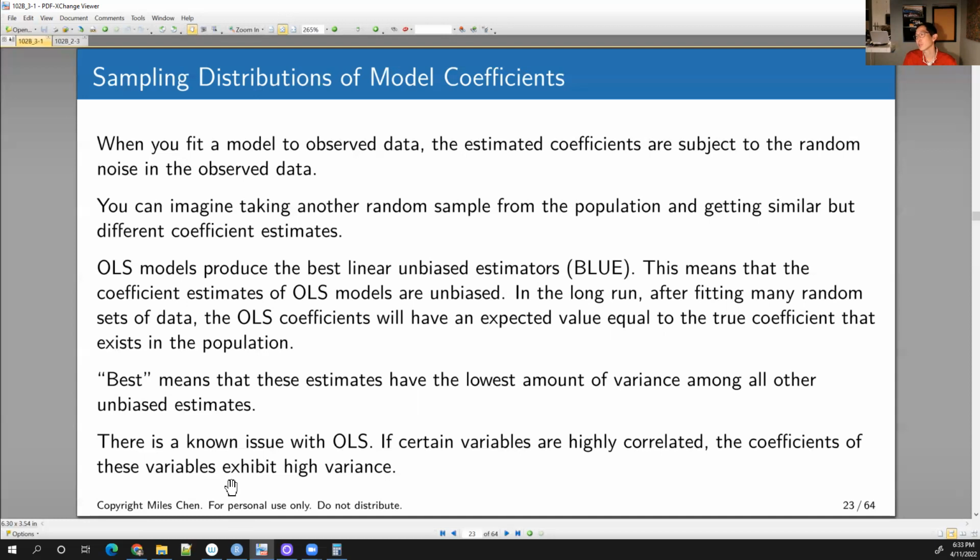So if you're doing a survey of properties and you have variables that are highly correlated, such as square footage of the house and the number of bedrooms, some models might say the coefficient applied to the square footage should be quite big, and then other models might say the coefficient for the number of bedrooms should be quite big. Because those things are highly correlated, depending on the random sample you get, you can get quite a bit of variance as far as what coefficients you get.